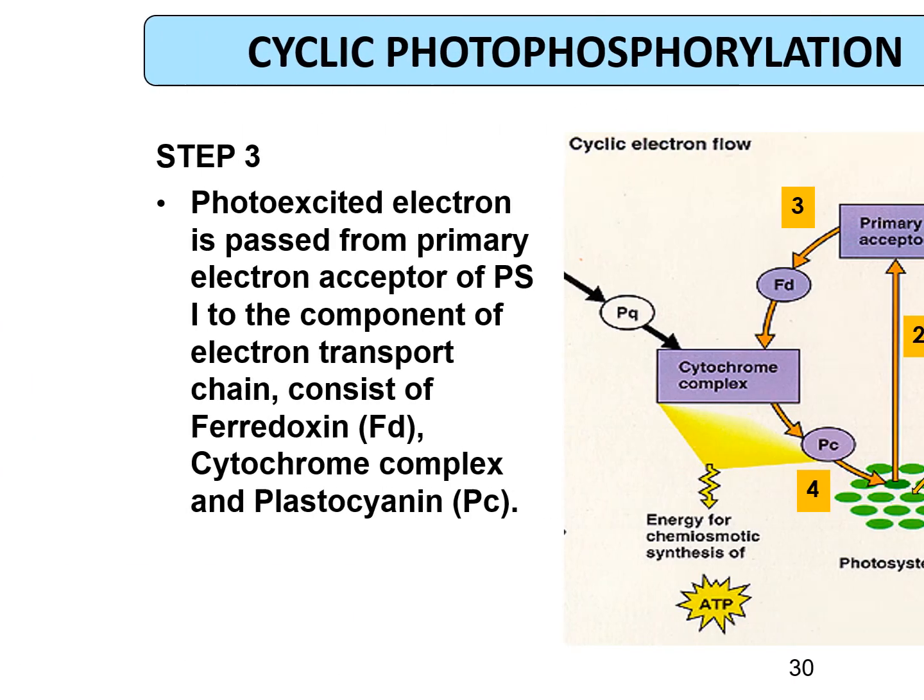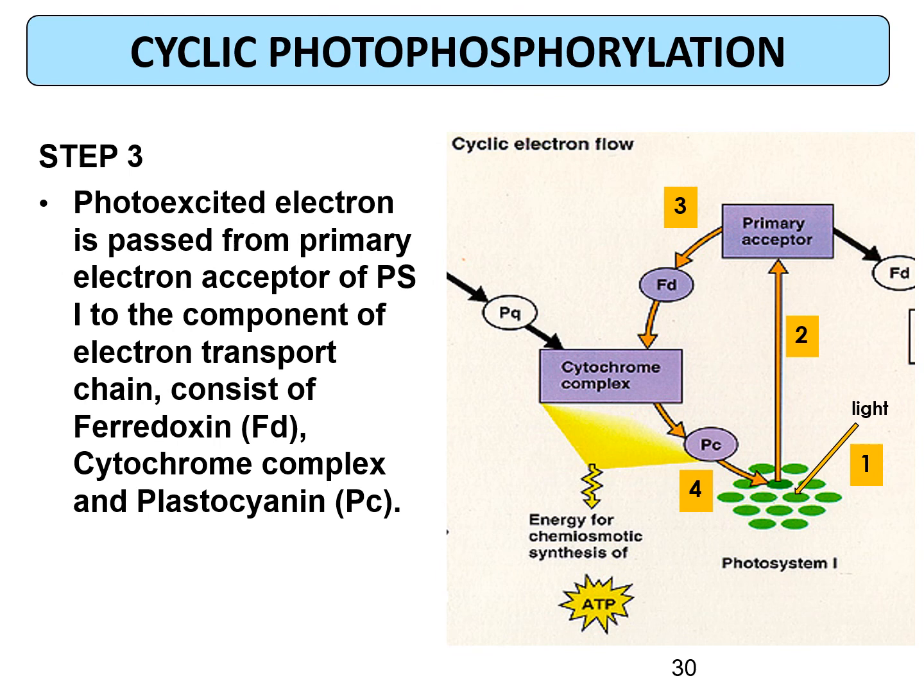The primary electron acceptor will pass the electron through a series of electron transport chain that consists of ferredoxin, cytochrome complex and plastocyanin. Earlier that was the non-cyclic one.